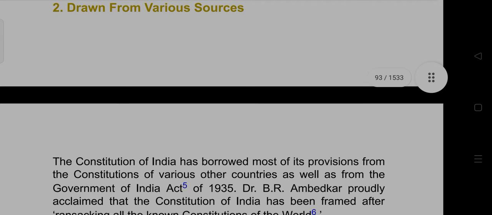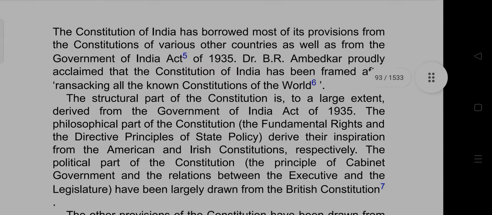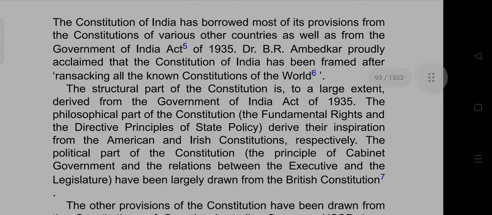Second, drawn from various sources. The Constitution of India has borrowed most of its provisions from the constitutions of various other countries as well as from the Government of India Act 1935. Dr. B.R. Ambedkar proudly acclaimed that the Constitution of India has been framed after ransacking all the known constitutions of the world.